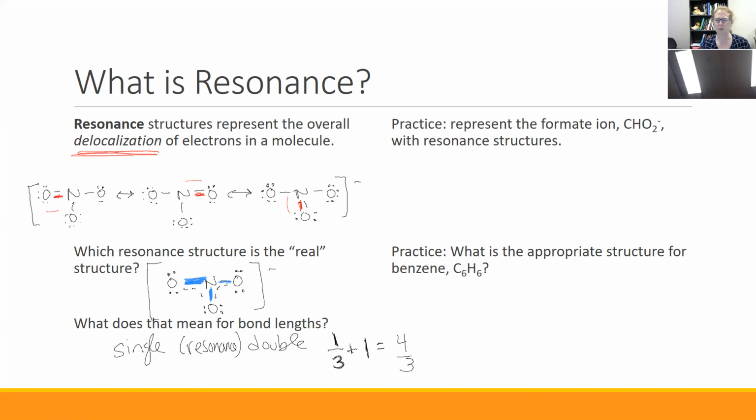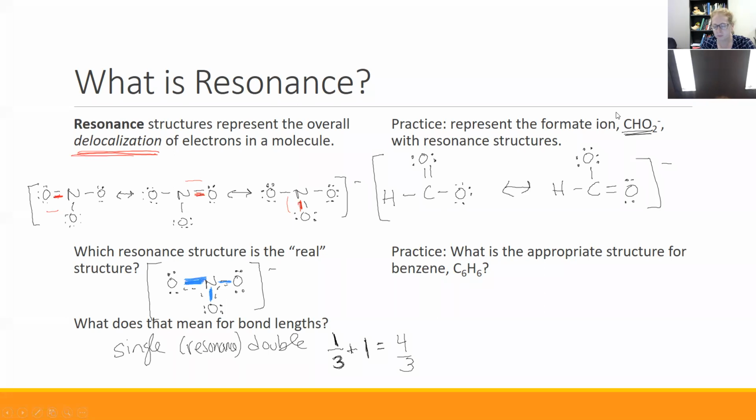Let's try this with just a couple more structures. And again, you're looking for those equivalent structures, where you have to feel like you make an arbitrary choice. And when you have to make that arbitrary choice, don't make it. Draw the two equivalent structures. Put the arrows between them. So let's try formate, CHO2-.